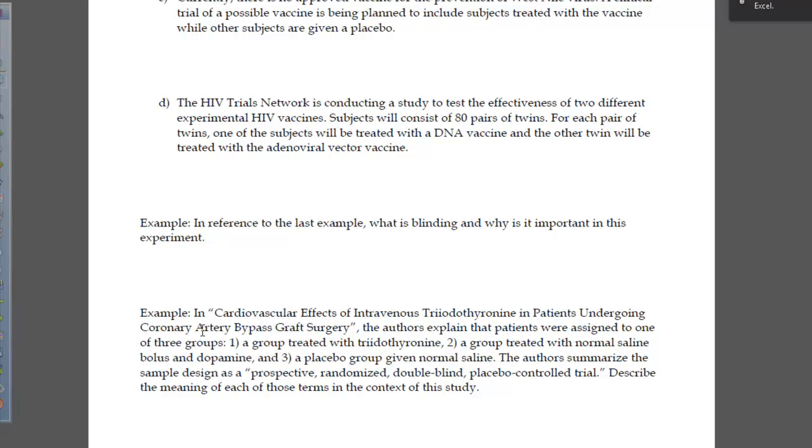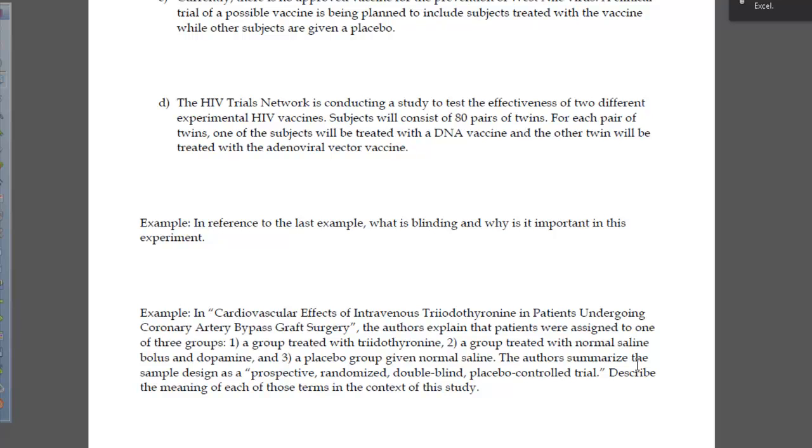Next example. In cardiovascular effects of intravenous triiodothyronine in patients undergoing coronary artery bypass graft surgery, the authors explain that patients were assigned to one of three groups. A group treated with triiodothyronine, a group treated with normal saline bolus and dopamine, and a placebo group given normal saline.